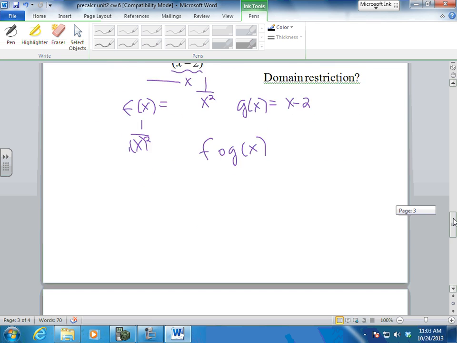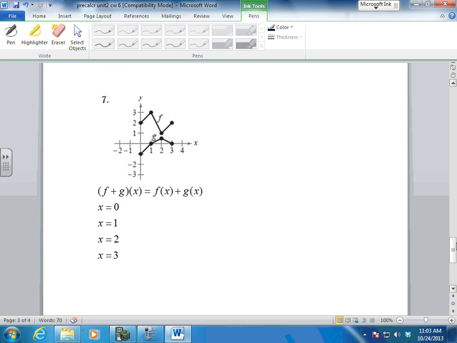Okay? And then one last thing. When we look at compositions of functions on a graph, okay? So we're going to start here. We're going to add these two together. This guy is my f function. This one is my g function. We're going to say when x is 0, what is the value of my f function when x is 0?